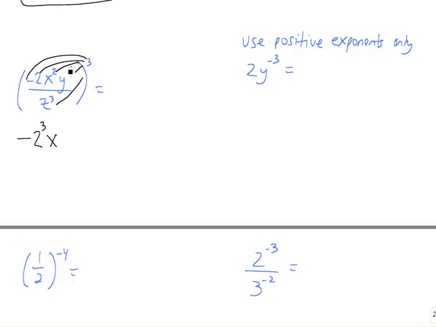X to the 2nd raised to the 3rd, power to a power, so we multiply, gives me x to the 6th. And y to the 4th cubed, 4 times 3, gives me y to the 12th. In the denominator, 3 times 3 is 9, so we have z to the 9th. There's no x's, y's, or z's to combine, so the only thing really here to figure out is 2 cubed. 2 times 2 times 2 is 8, so this is negative 8, x to the 6th, y to the 12th, over z to the 9th.